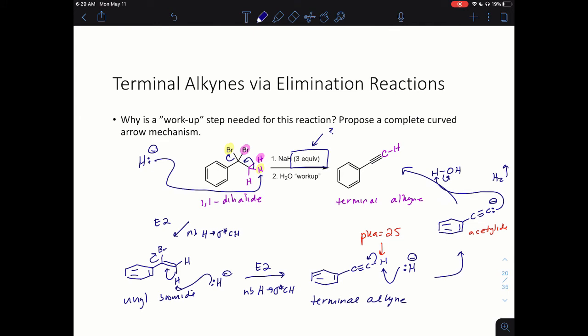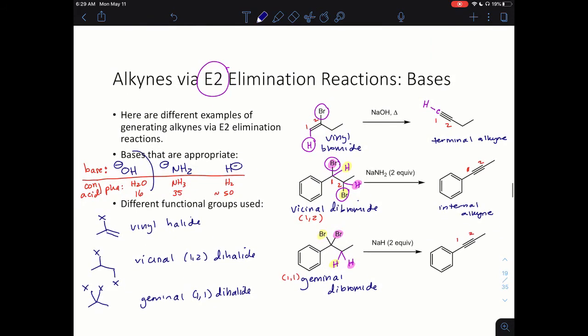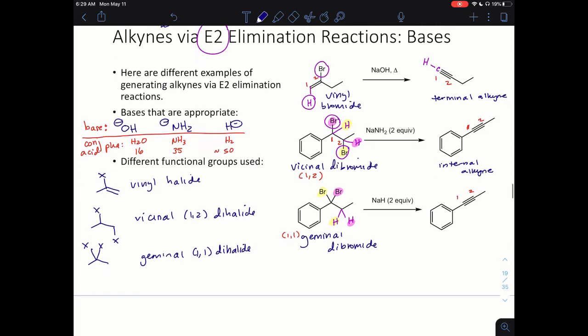All right, so terminal alkynes, they have pKa's of 25, so they're perfectly stable around hydroxide. Hydroxide doesn't appreciably deprotonate them, but amide, NH2, and hydride, they will, because their conjugate acids are weaker than the terminal alkyne.